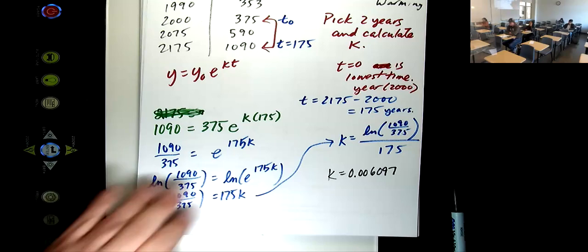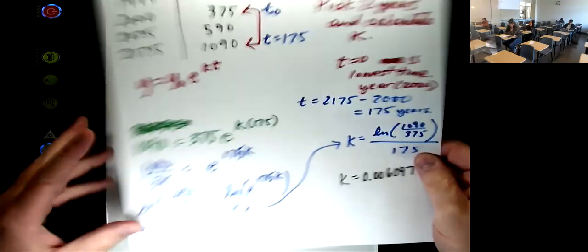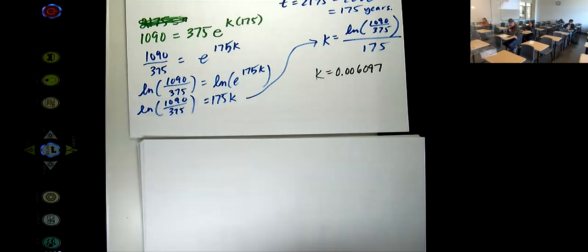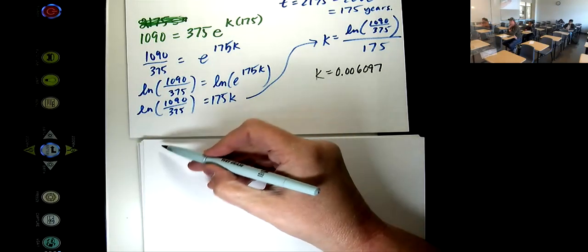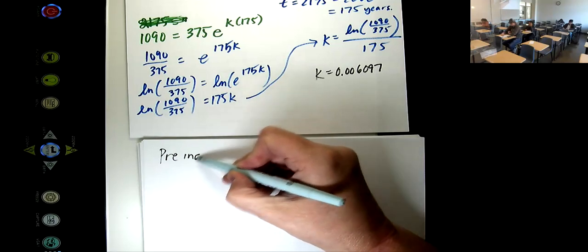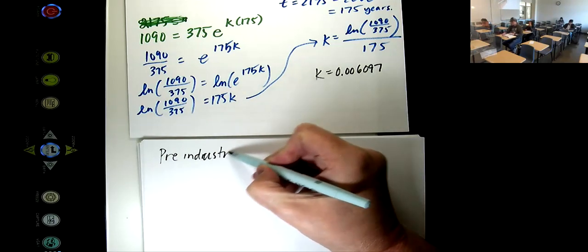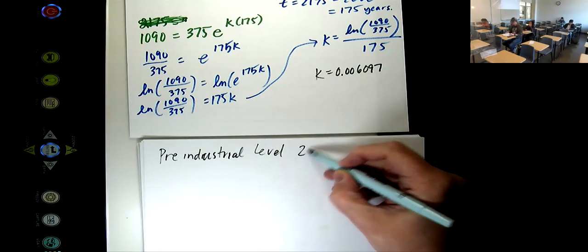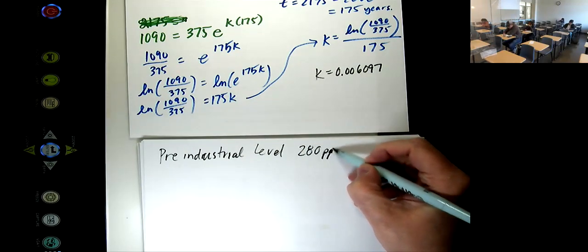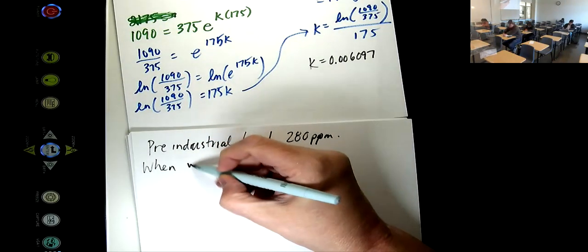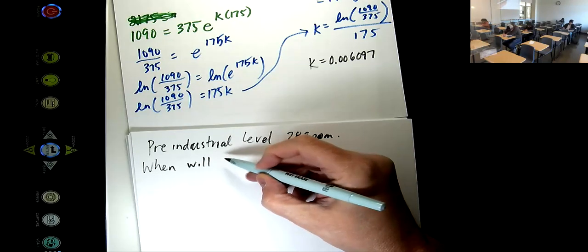At this point, when you're using something like that in science, you're going to use it to make predictions of the future. So let's say, and I don't even know if this is true, but it's written in this problem I have: pre-industrial levels of carbon dioxide were 280 parts per million. When will we hit 3 times that?